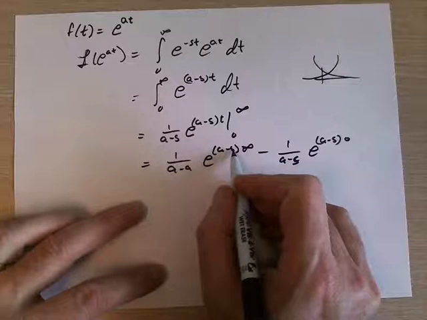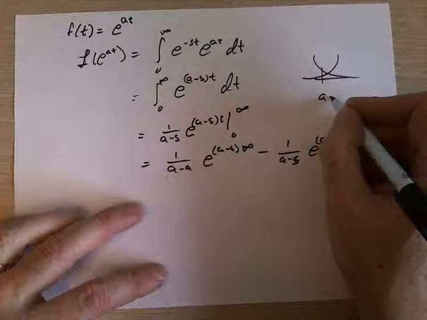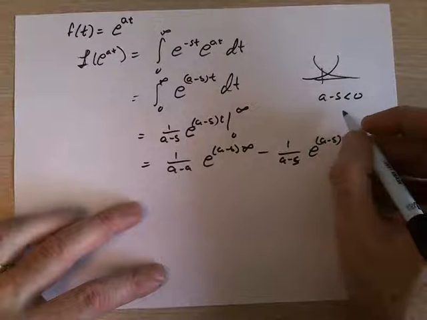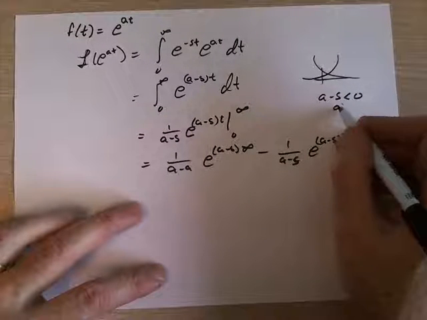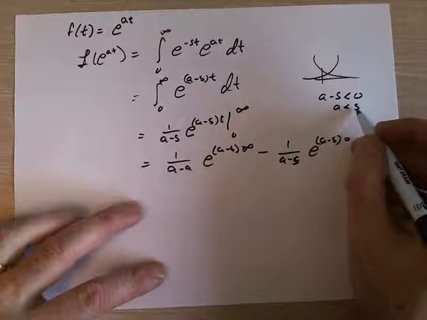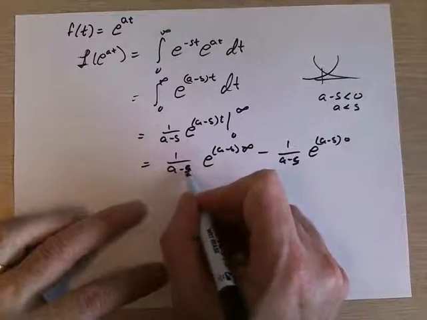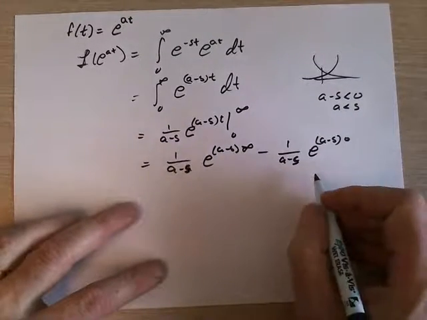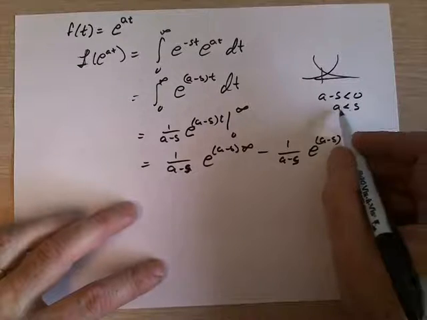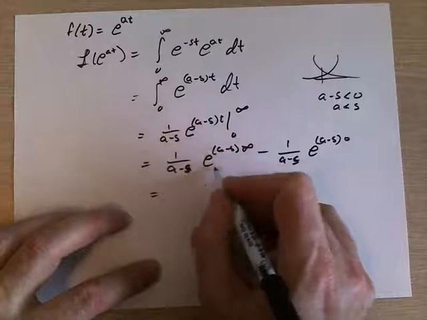So I need a minus s to be a negative number. A minus s has to be less than 0. That tells me that a has got to be less than s, so s has got to be bigger than a. So as long as s is greater than a, then this part right here is a 0.